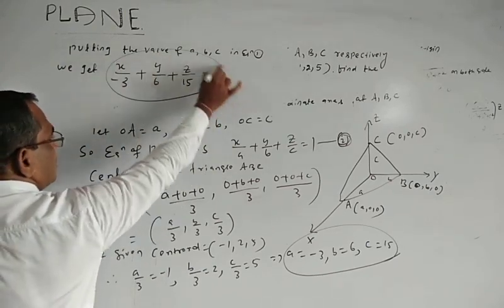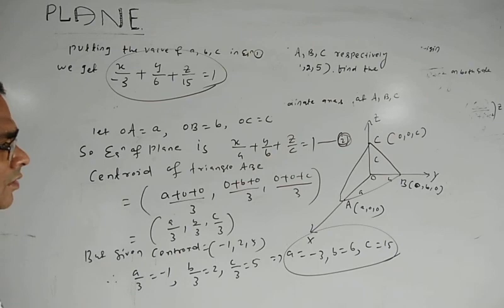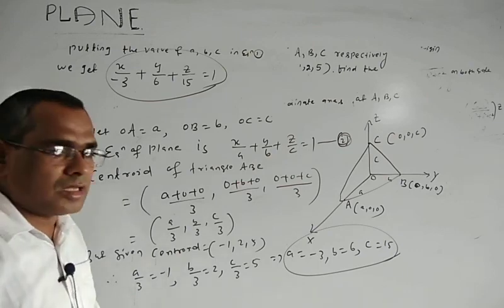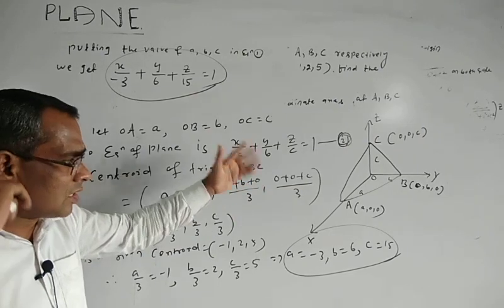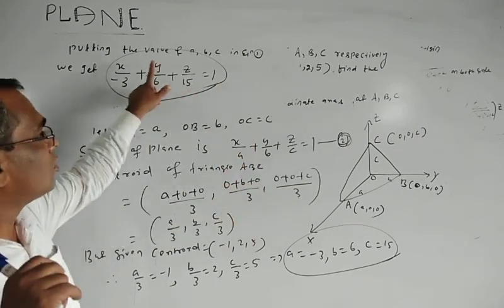This is the required equation of the plane, where the plane meets the coordinate axes at A, B, C, and the centroid of the triangle is minus 1, 2, 5.